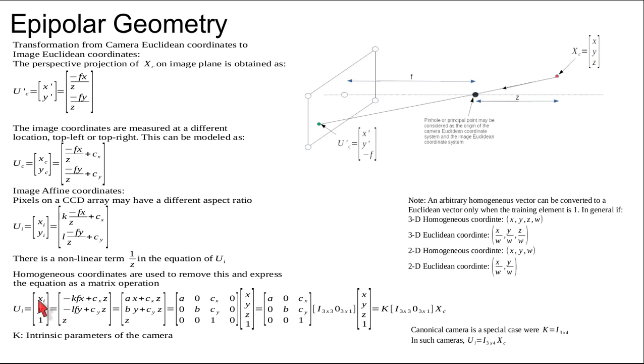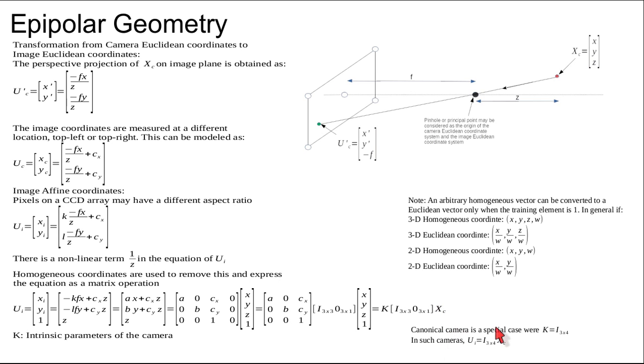Now xi here would correspond to columns of your image that you finally obtain from the camera, and yi would be the row that you obtain from the camera. So finally we have the columns, that is xi, and the rows, which are yi, of the image being obtained as homogeneous coordinates here, and they can be expressed as the intrinsic matrix multiplied by this identity and zero matrix here, and then the camera Euclidean coordinates, which are represented by xc.